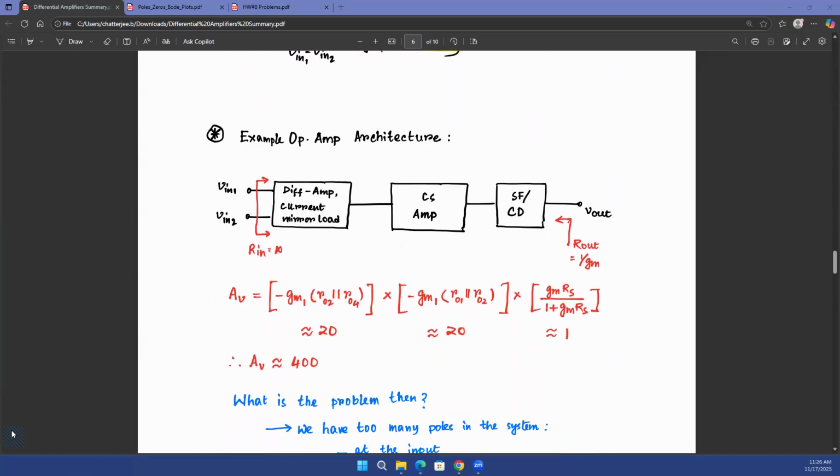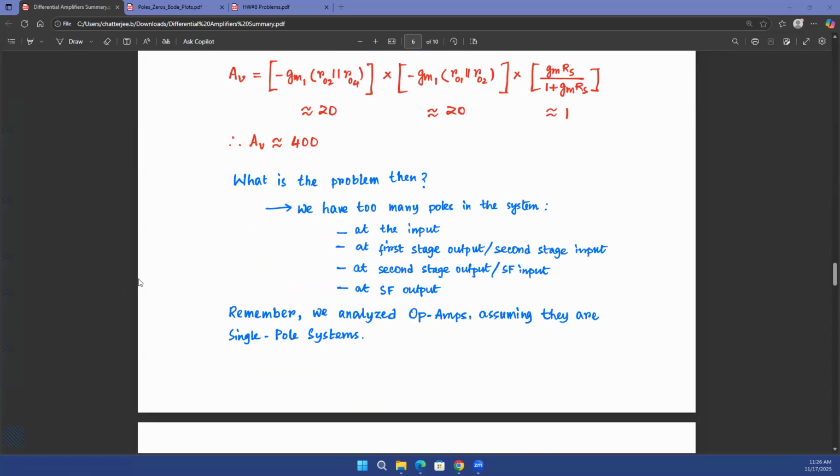So if you want to have this example op-amp architecture, a diffamp with current mirror load, followed by a common source amplifier, followed by the source follower, I can have a gain of GM multiplied with RO2 parallel RO4 from the first stage, which is the diffamp with current mirror load. And that gain is, let's say, 20. My common source amplifier can again maybe give me a gain of 20. And the last stage gives me a gain of 1. So my gain is almost equal to 400, which is large. Let's say I consider it as infinite.